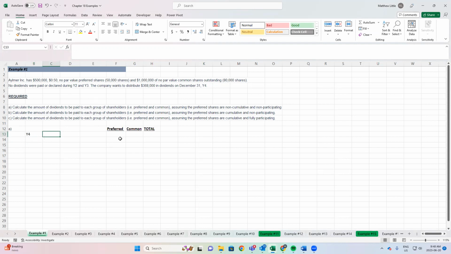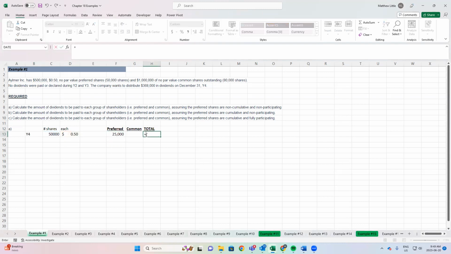So the first item is, let's go 50,000 shares at 50 cents each. So that's the number of shares and each. So these are for our preferred shares. So our first portion will be to preferred shares, a $25,000 payment.